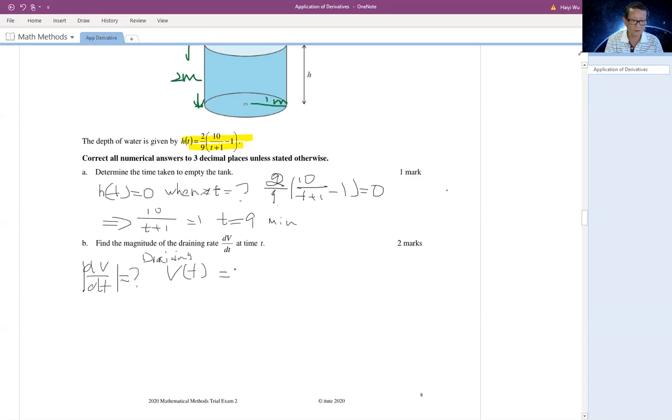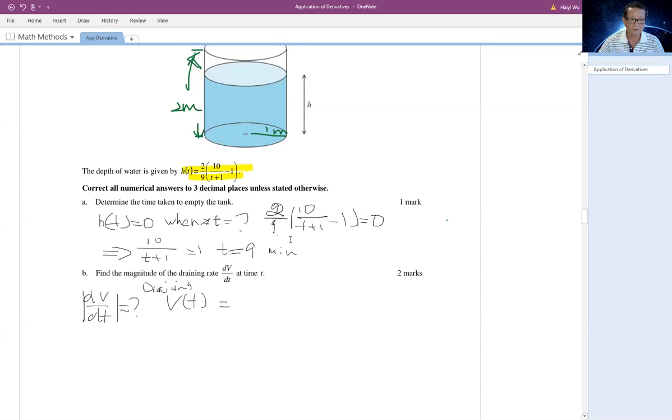To find the draining volume, we use the shaded area, which is the area of the base, pi times r squared with r equal to 1, times the height, which is 2 divided by 9.